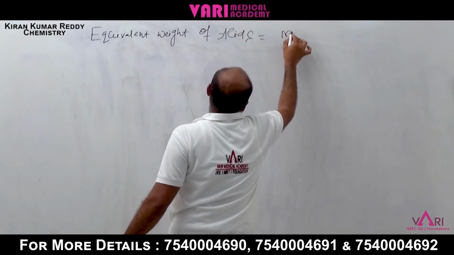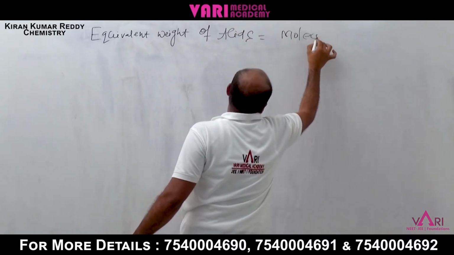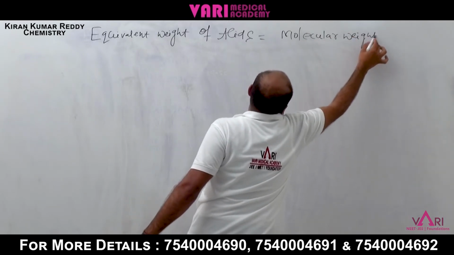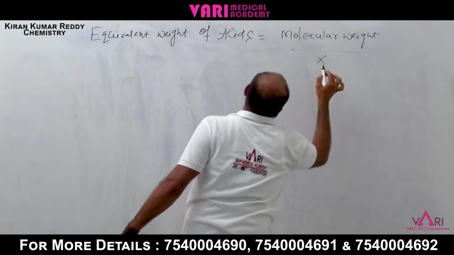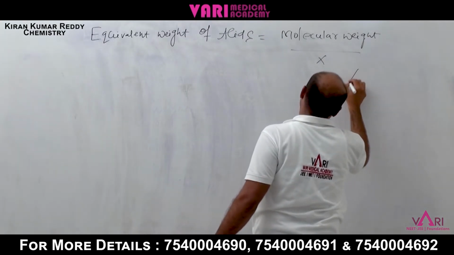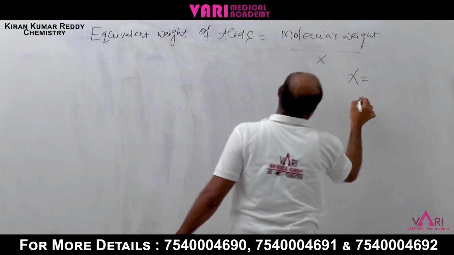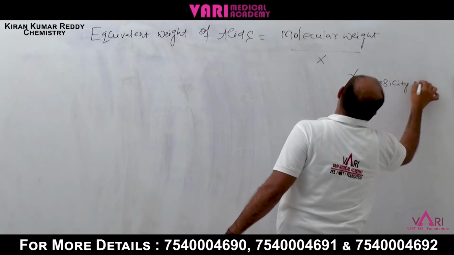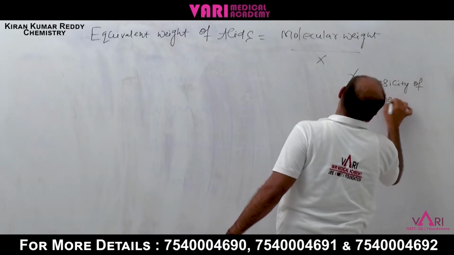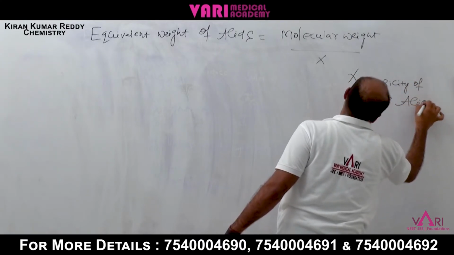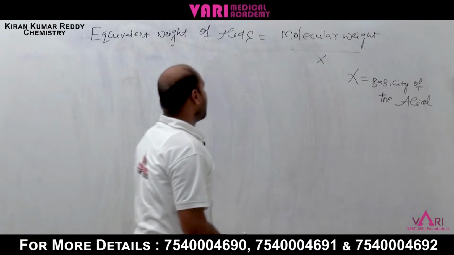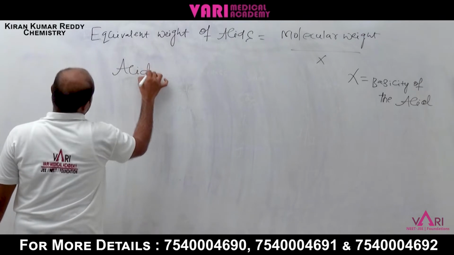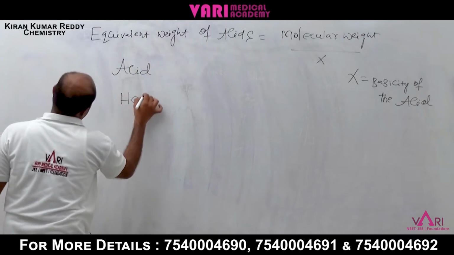Molecular weight of the acid by X. Here X is equal to the valency factor, X is equal to the basicity of the acid. Here I am taking HCl as one of the acids.